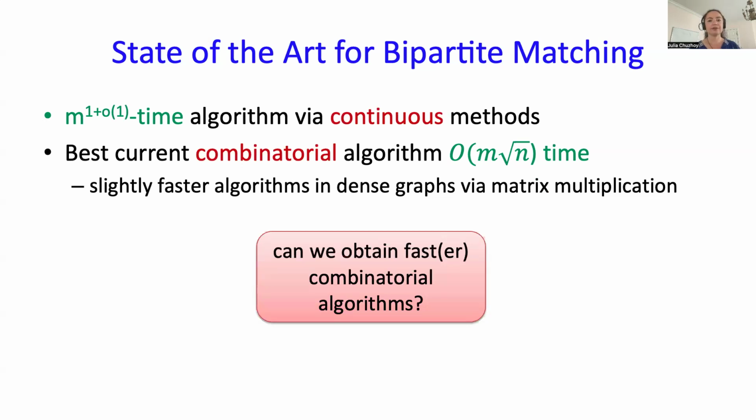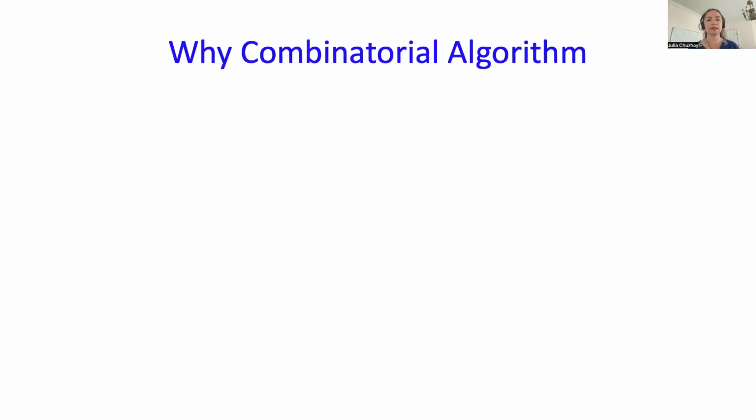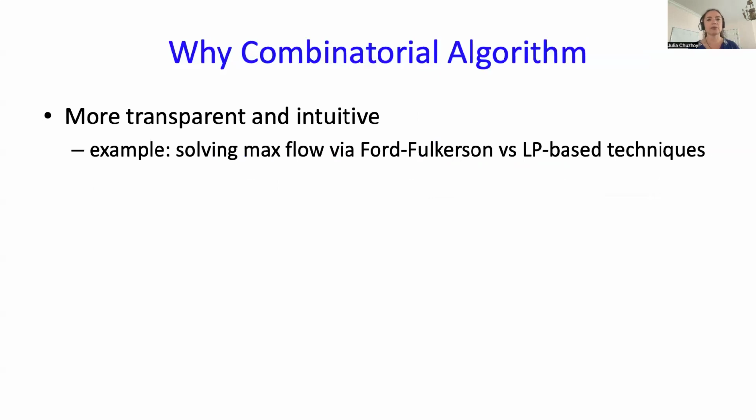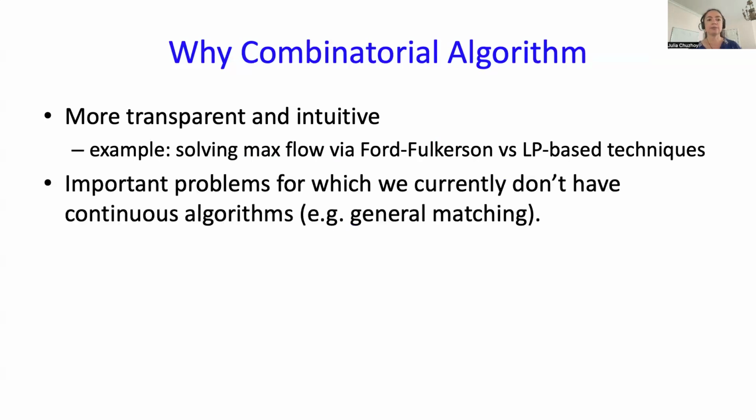So let me say just a few words why we would be interested in combinatorial techniques when we already have such good continuous algorithms. So first, the combinatorial algorithms tend to be more transparent and intuitive. Second, there are some really important problems, such as, for example, maximum matching in general graphs, for which we currently don't have candidate continuous algorithms.